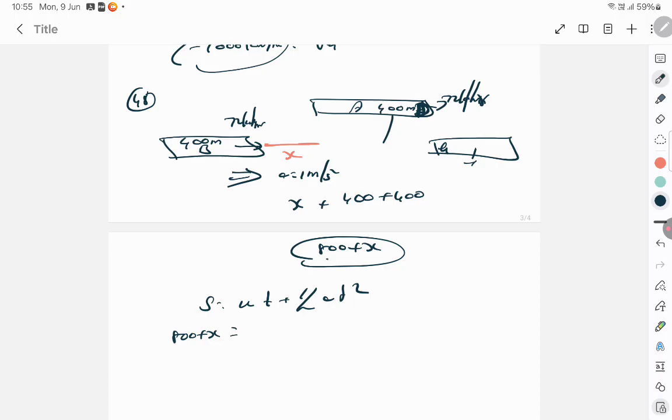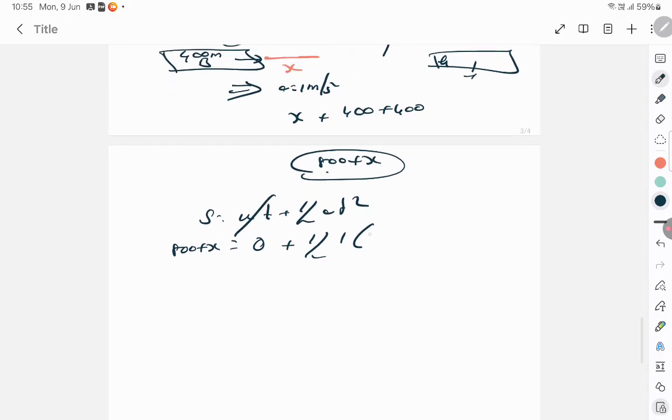The relative velocity: both the trains are initially going at the same velocity, so when you subtract them, it will become 0. And acceleration is 1 into time. They've given in the question that the time taken for this overtaking is 50 seconds. So 80 plus x is equal to half into 50 into 50.